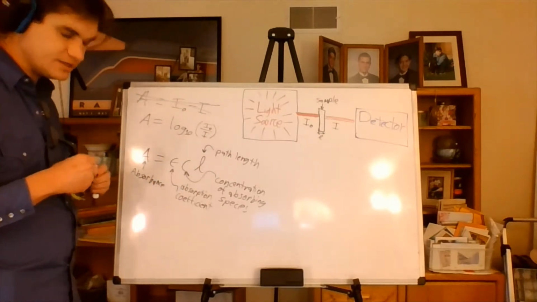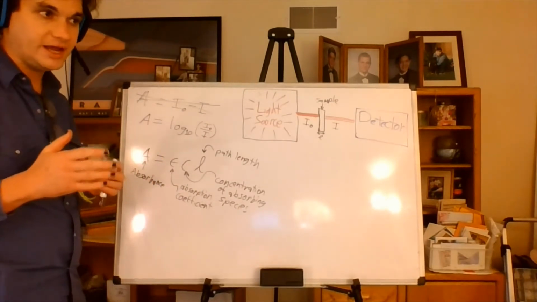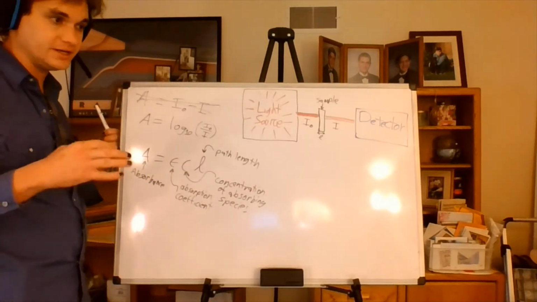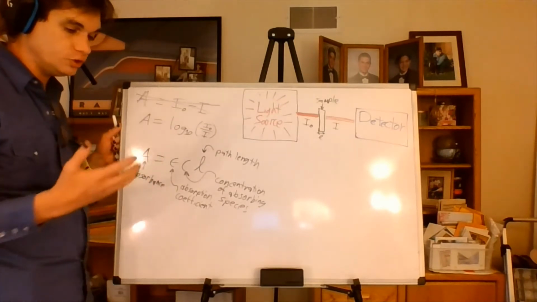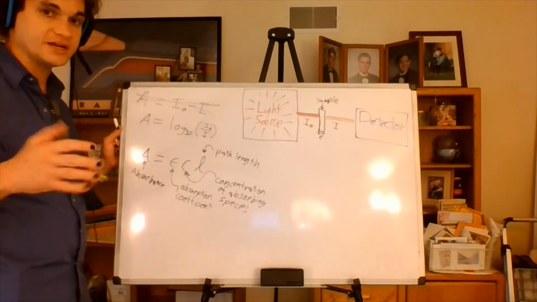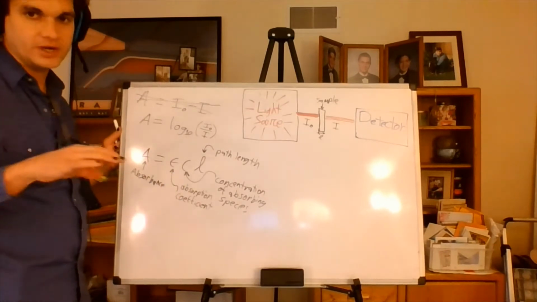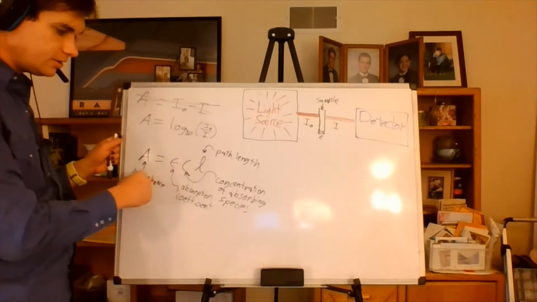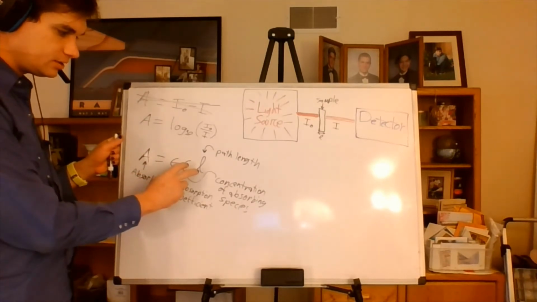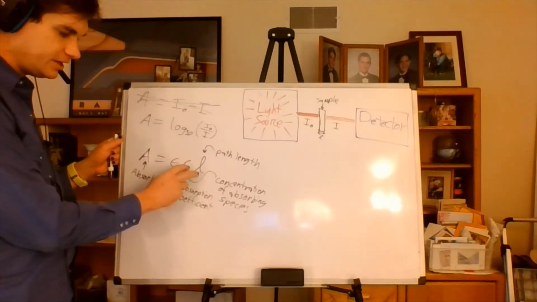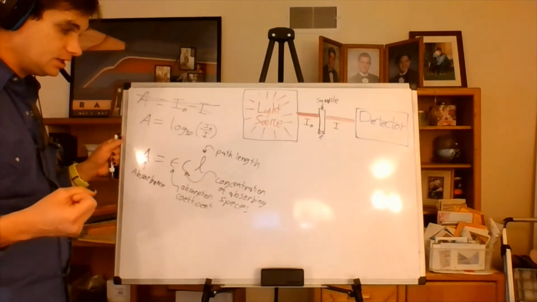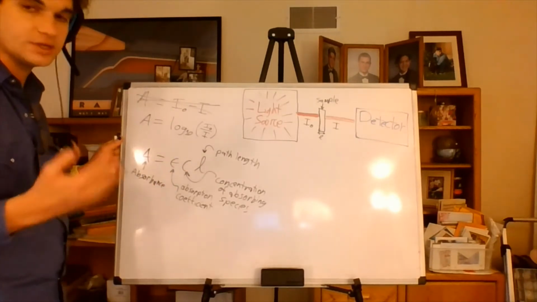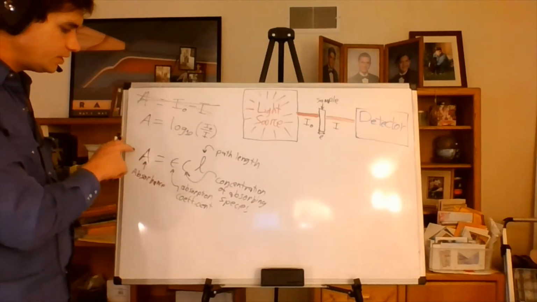Epsilon is different for each species of chemical and also for each wavelength. This basically just says how good the species is at absorbing light at this particular wavelength, or at this particular frequency. This part right here, concentration and path length, was figured out by Lambert. This combination here, epsilon and concentration, was figured out by Beer. That's why it's the Lambert-Beer Law.